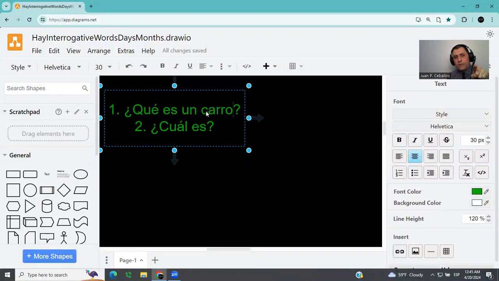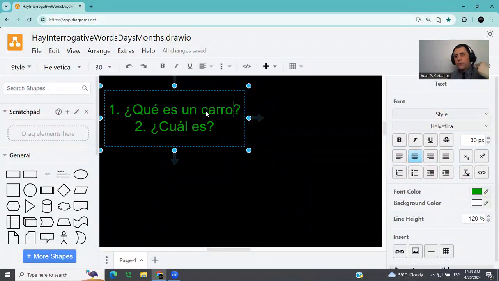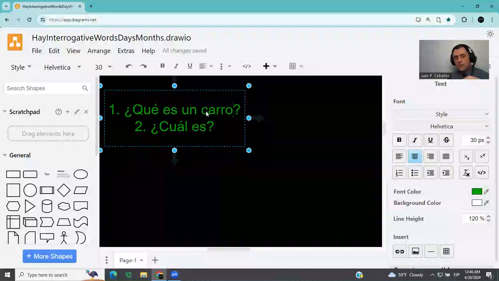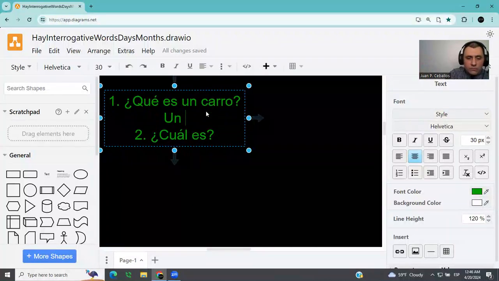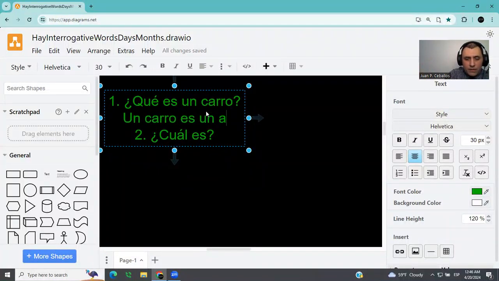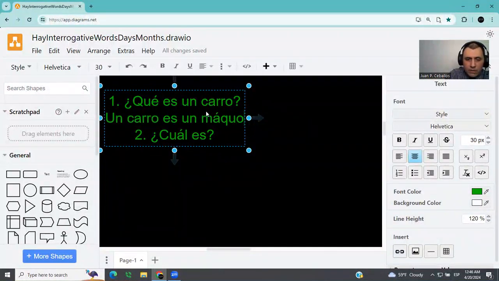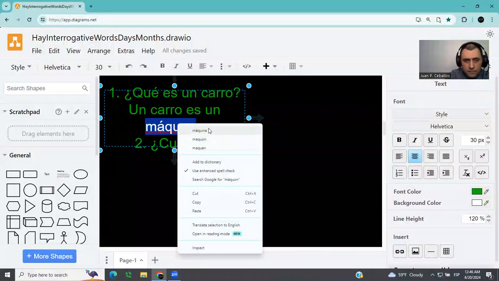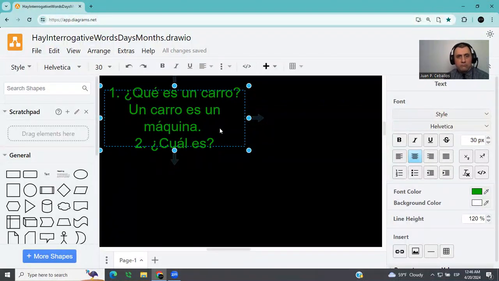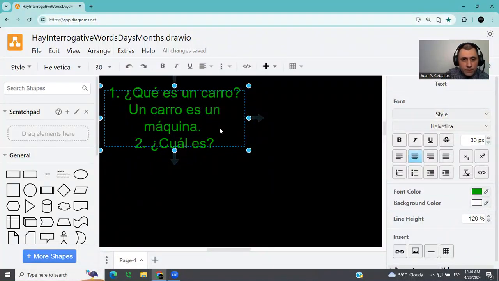So the first sentence, ¿qué es un carro?, I'm asking for the meaning of what is a car. In this case, I will answer, un carro es una máquina. Let's keep it simple. Máquina. A car is a machine. That's the definition, a very simple definition.